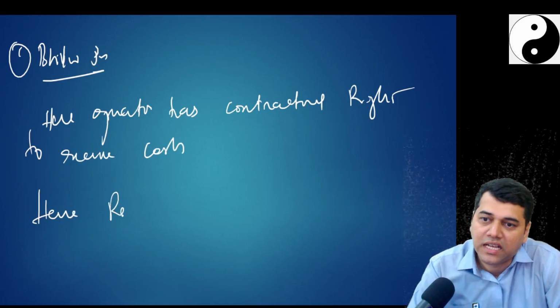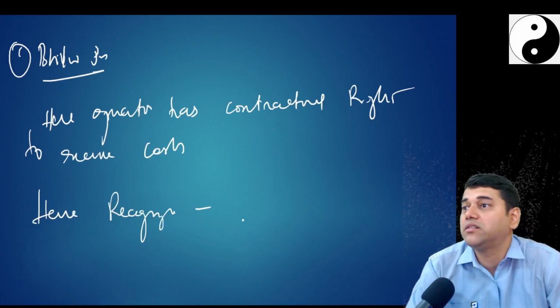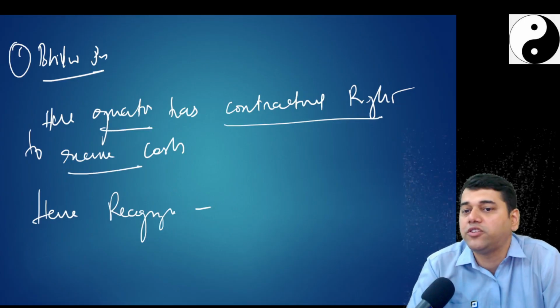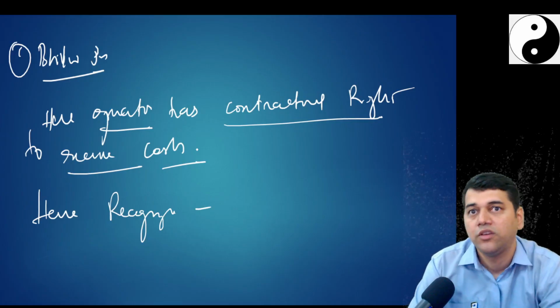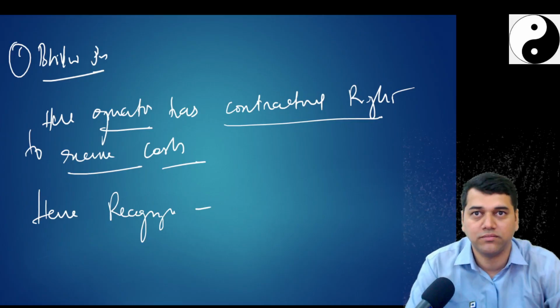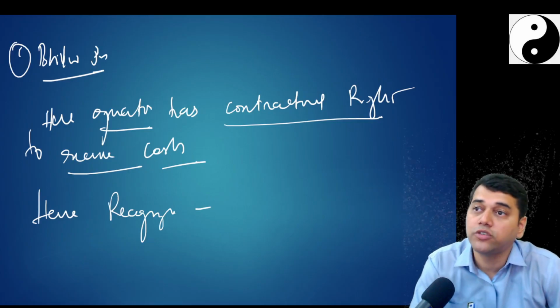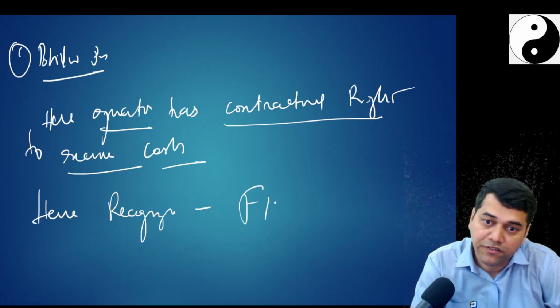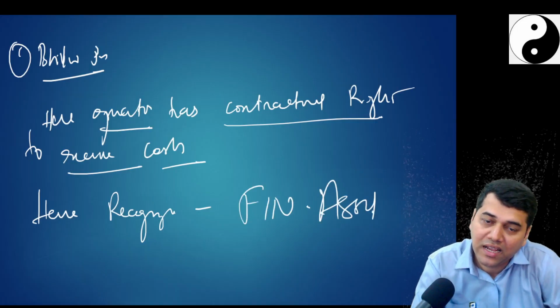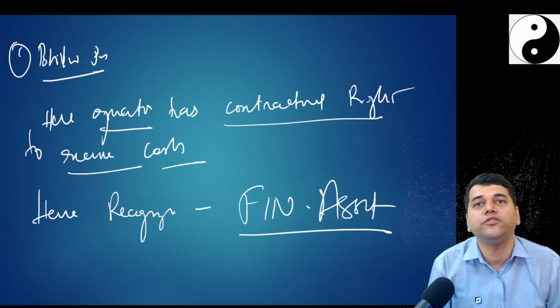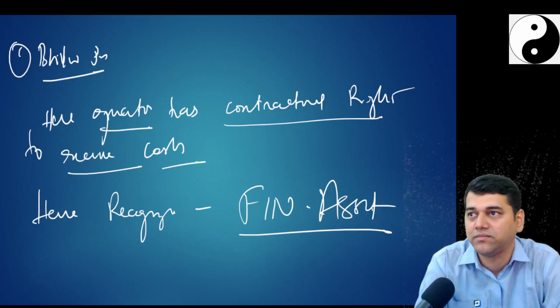Hence recognize what? Here the operator has got a contractual right to receive cash from the government for doing this service concession arrangement. Hence, what should the operator recognize? Financial asset. So this is the classification. With this, your first question is answered.